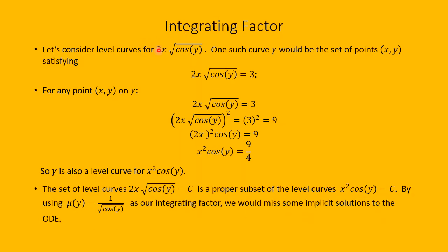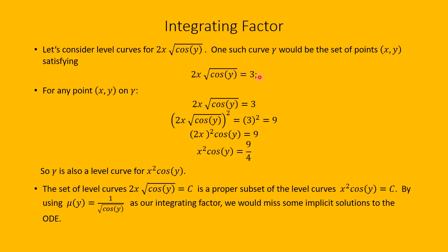But let's see if those two solutions can give us a curve in common. Let's consider the level curves for 2x times the square root of cosine y, and I'm going to look at the particular case where that equals c, and the c that I'll be using is 3: 2x square root of cosine y equals 3.